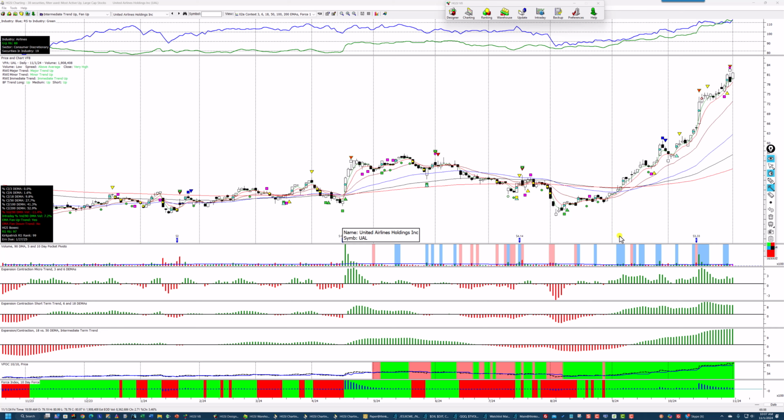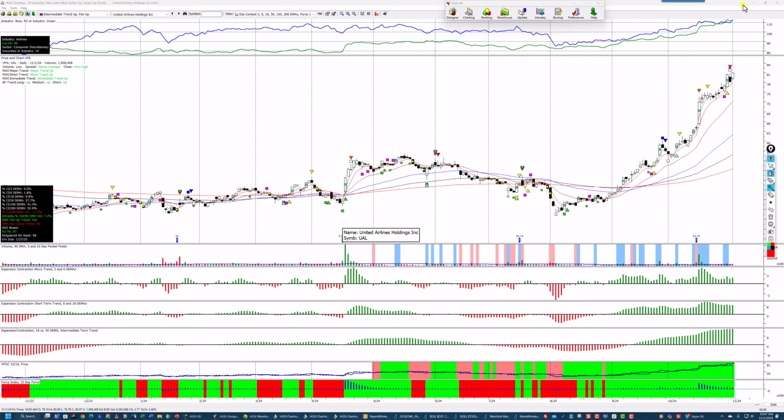But the buy point for early entry would be back here when these started, especially when the 3 went above the 6 and then confirmed by the 6 and the 18. And then finally, right here is where this really was trending. And notice that there was an effort to rise right here. Crossover, like I said, happened back here, and then there were several VPA flags on the way up.